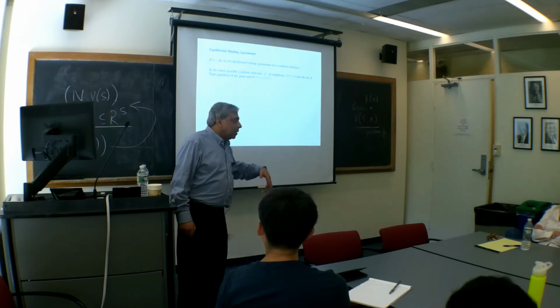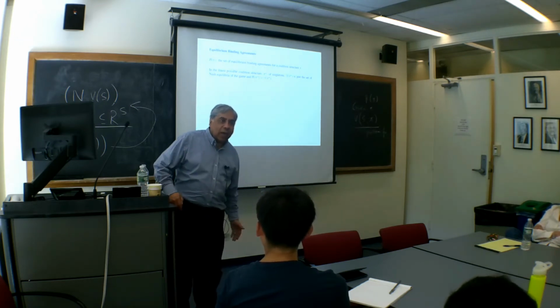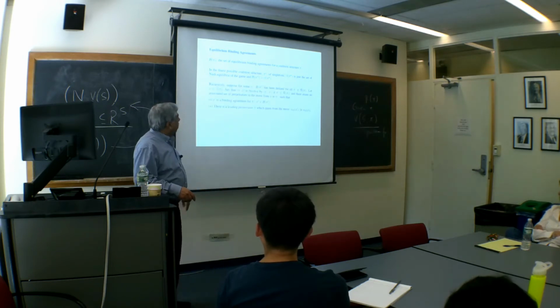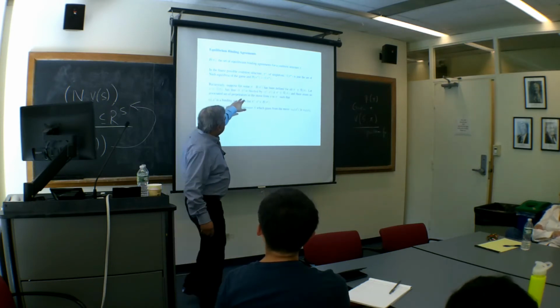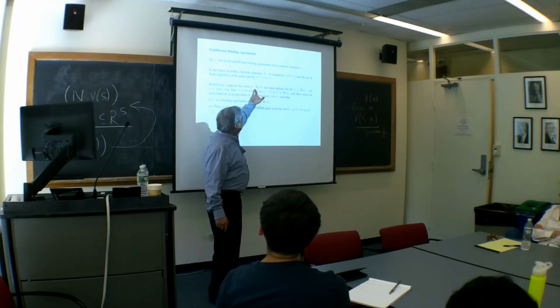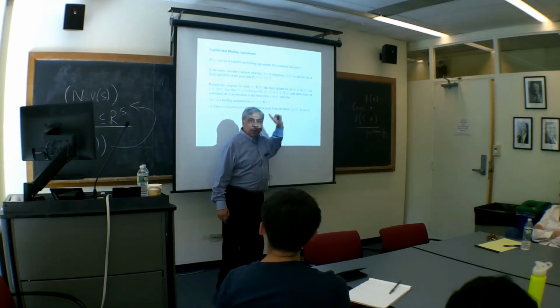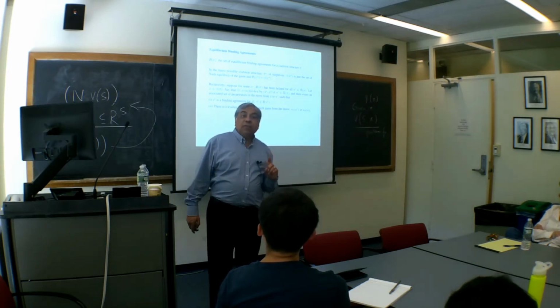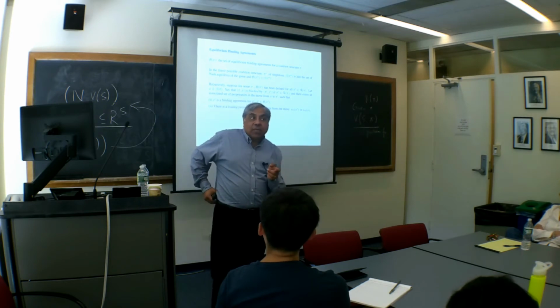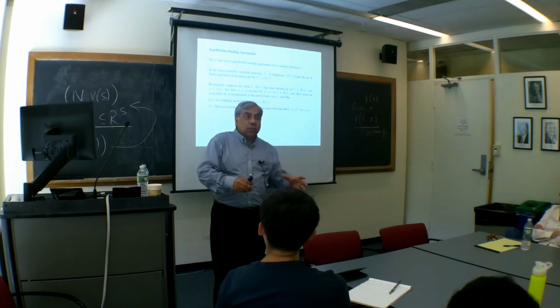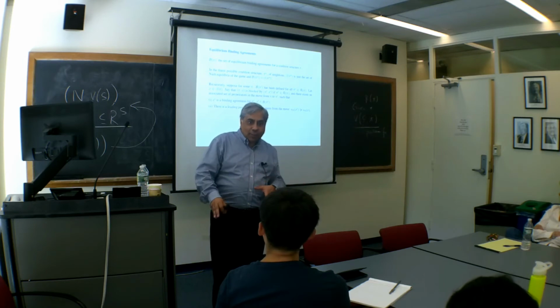Okay. Now we can start, right? Now we can get going. So recursively, suppose that B of pi prime has been defined for all refinements of pi. It hasn't been defined for coalition structures where there are mergers going on.